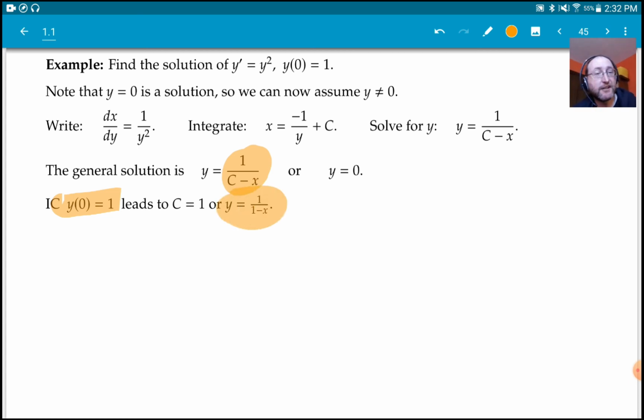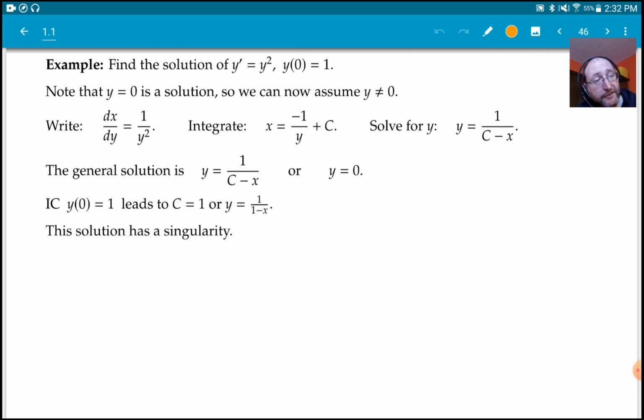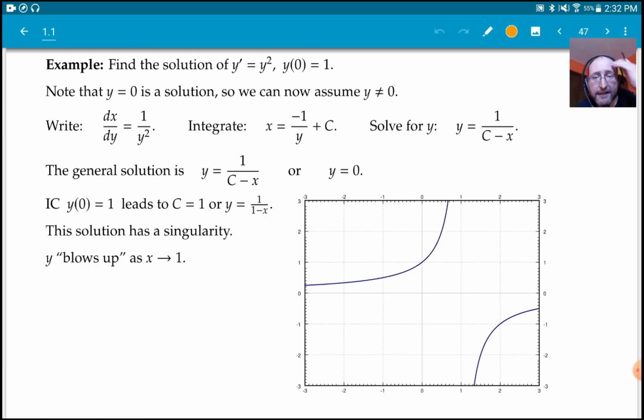So this is our solution: 1 over 1 minus x. Now you notice this solution has a singularity. It blows up when x is 1. I cannot plug in x equals 1 because I'd be dividing by 0. If I look at the graph, I'm really starting over here.